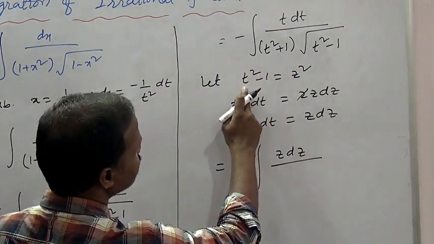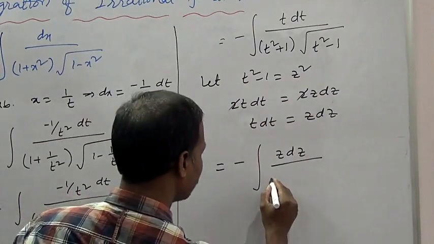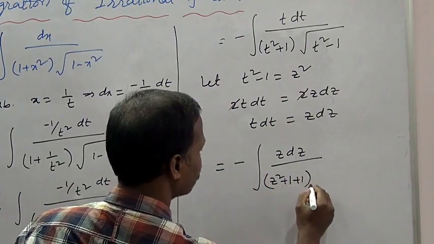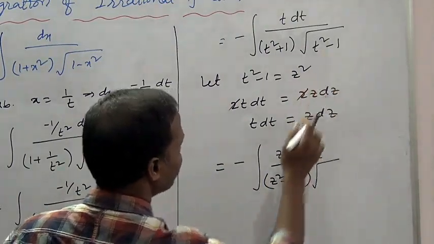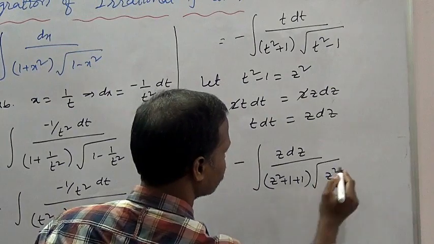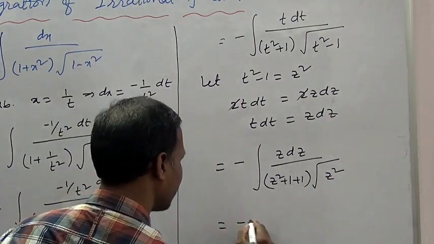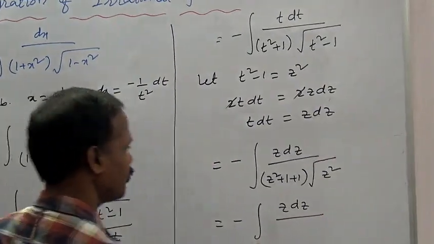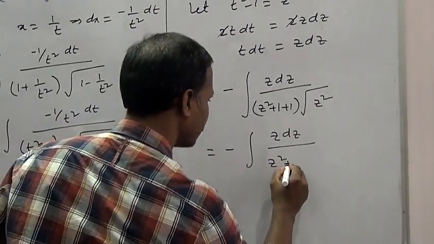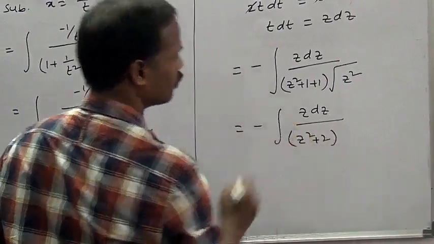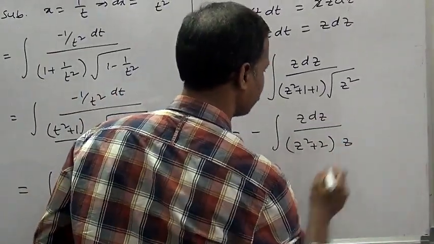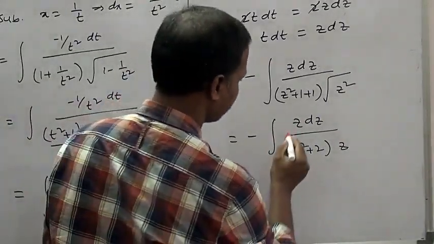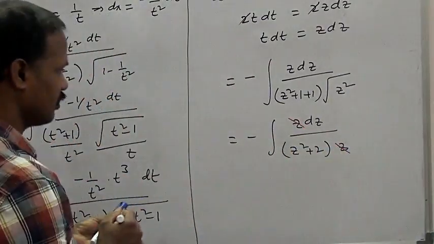What is the value of t square? z square plus 1. So this is z square plus 1 plus 1, and square root of t square minus 1 is z. Now this is equal to minus integral z dz by z square plus 2, times z. So z will be cancelled.